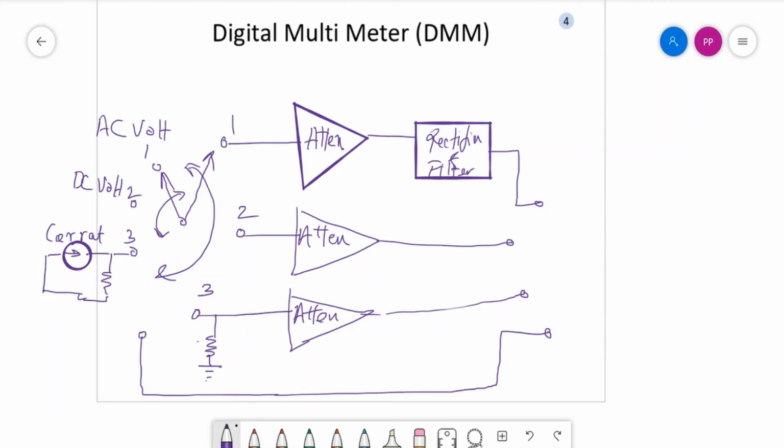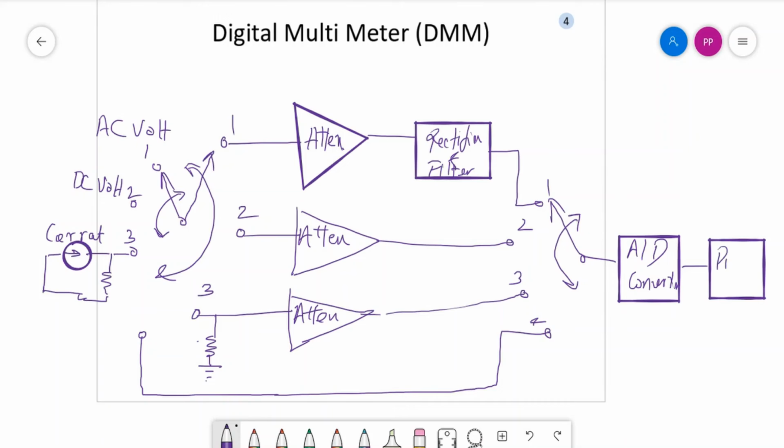So now we have here the 4 points, 1, 2, 3 and 4, and all this will go through a switch. This is again a toggle switch. We can toggle between the different selection options. You have A to D converter, and this can be either displayed or recorded. So we can go like this, and now let me explain how it works.